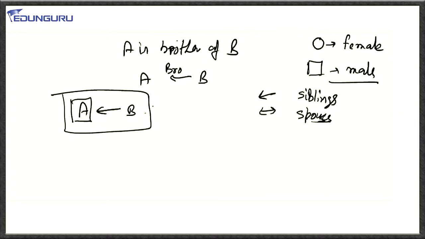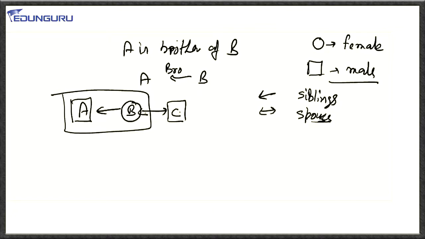Similarly, extended to this, suppose I say B is wife of C. Wife means spouse, so double arrow C. Now, if B is wife of C, that means B is definitely a female, so put a circle around that, and C is definitely a male, so put a square around that.